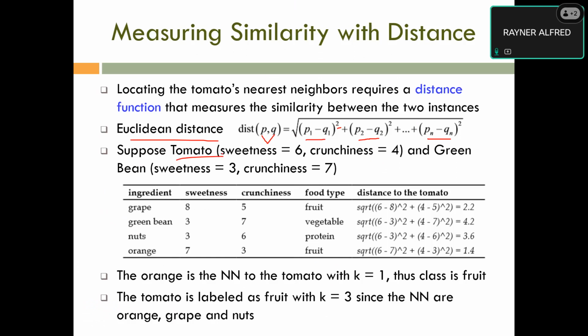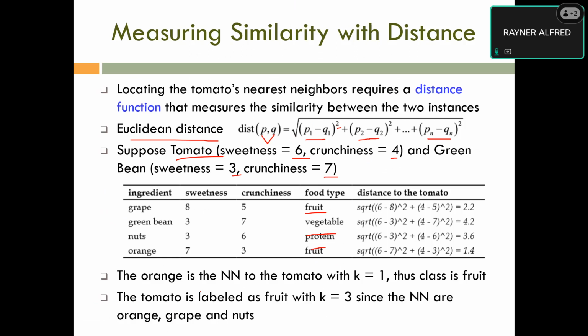Suppose we have this tomato. Our task is to decide whether it belongs to fruits, vegetables, or protein. The value for the tomato is sweetness 6 and crunchiness 4, and the other two values are 3 and 7. This is quite straightforward, because we just take the values and then take the differences.